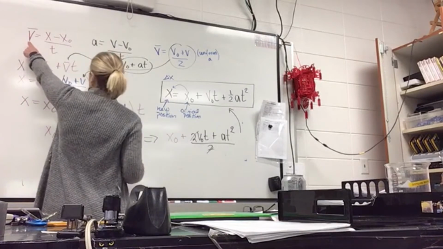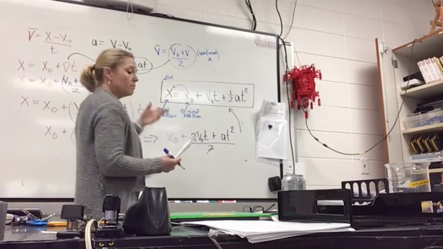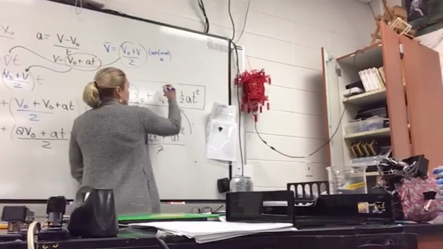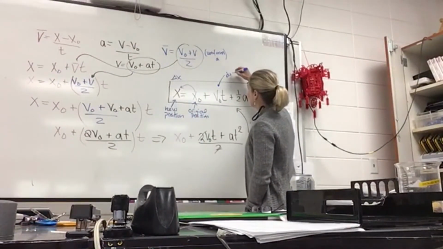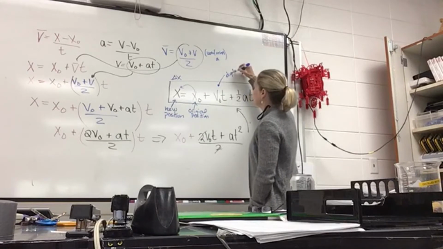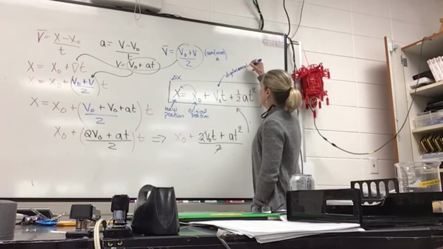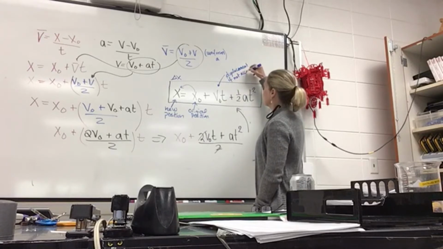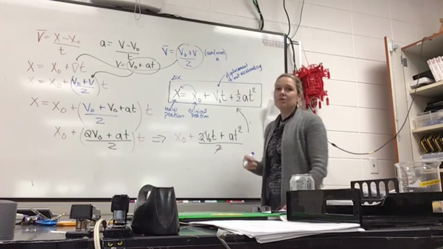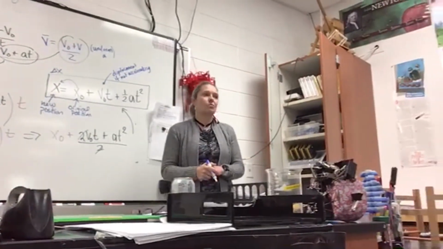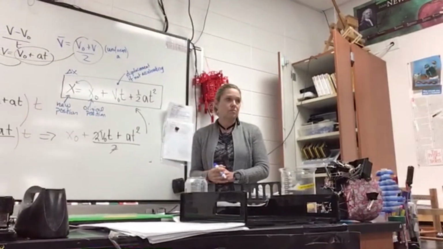It would just be a velocity times a time. So I'm going to label that displacement, I guess we'll say, if not accelerating. How much you would have moved if you didn't speed up or slow down in the process of moving.